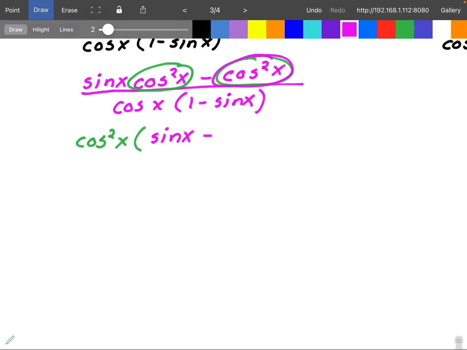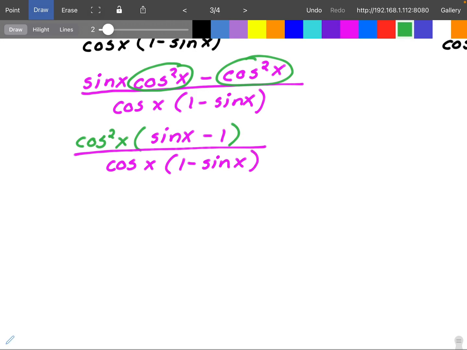And then minus from here, I'm left with just 1. Then we keep our denominator. So we have cosine x times 1 minus sine x.